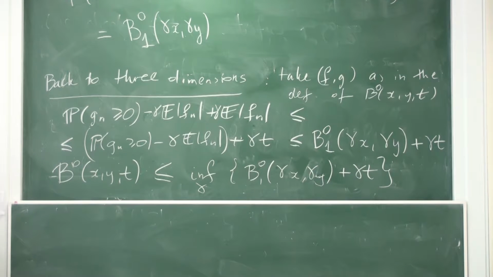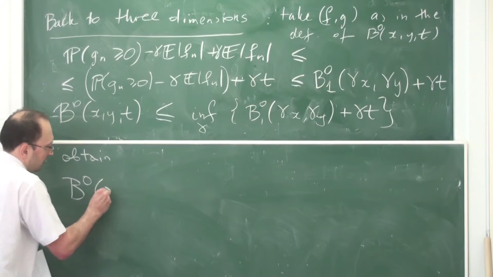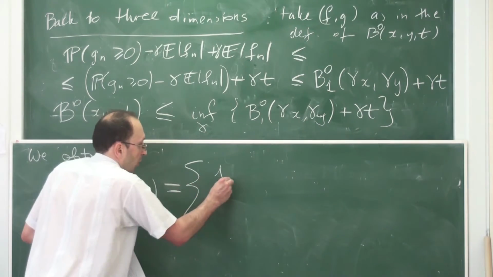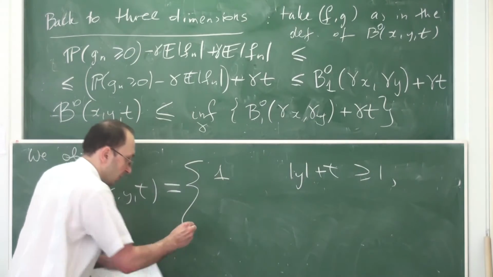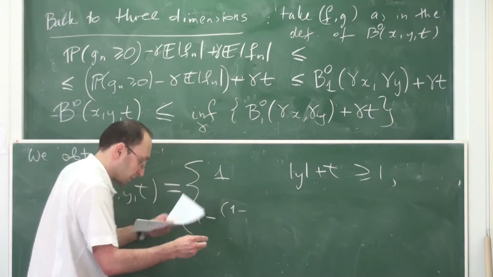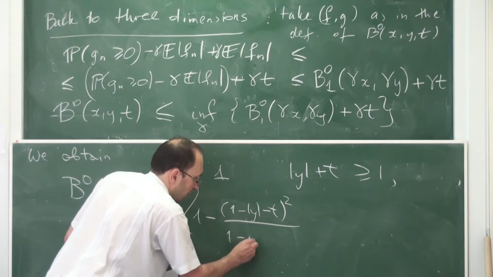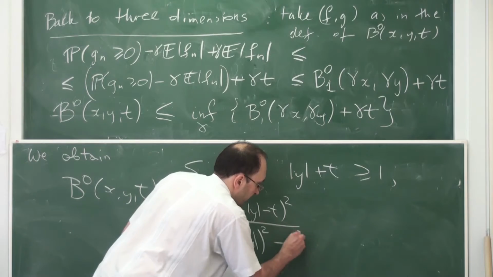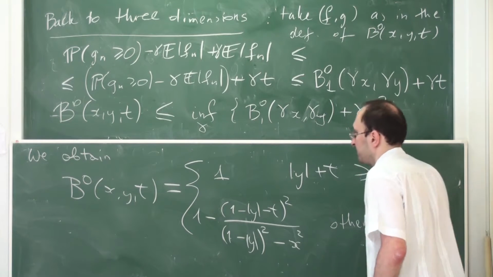So what you get at the very end is that we obtain B xyt, which is equal to 1 if y plus t is larger than 1, and 1 minus y minus t squared divided by 1 minus y squared minus x squared otherwise.